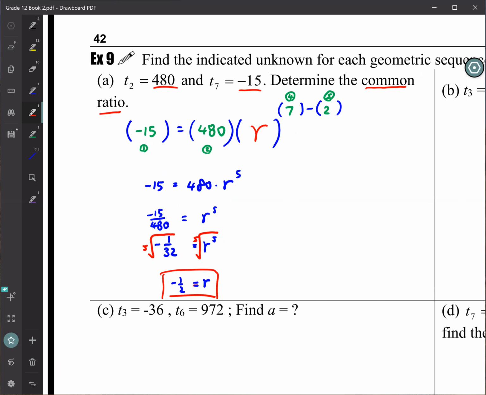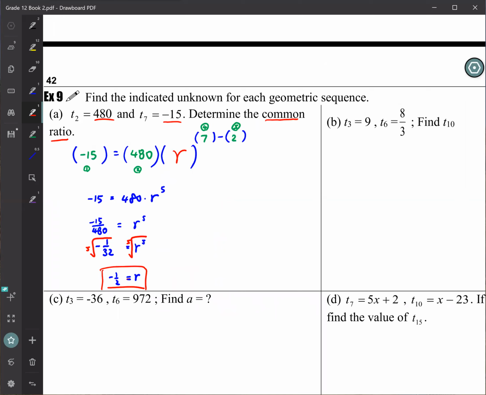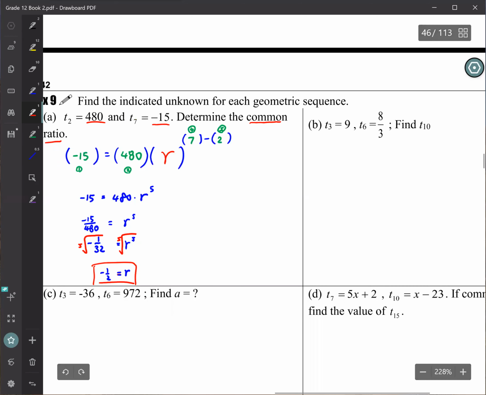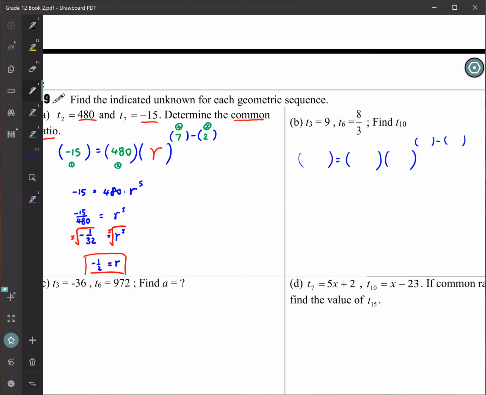All right, so let's do question B. B is on your own, so by yourself, when you finish B, please raise your hand. Start by drawing the 5 blanks, and I'll ask you to tell me what you put in later. This one is asking you to find T10, but same thing, you still need to figure out the r first before you can get T10.